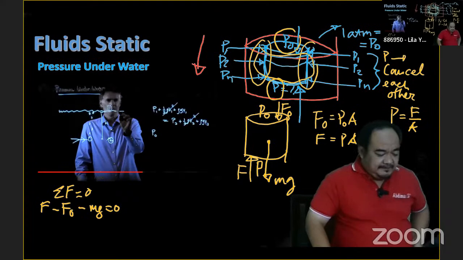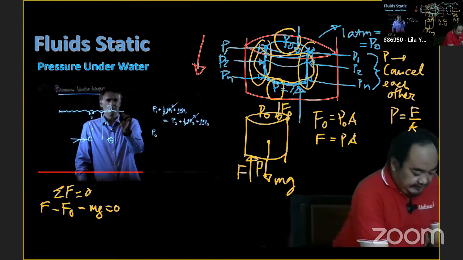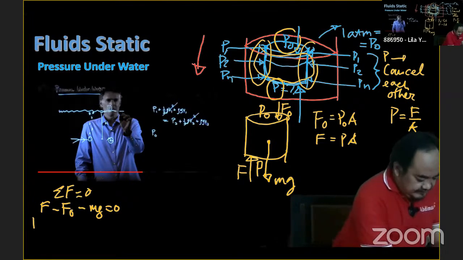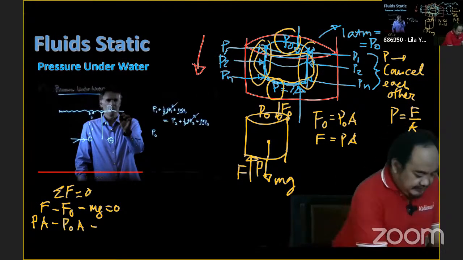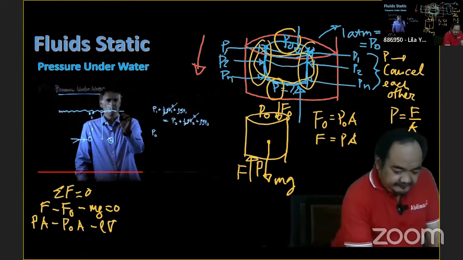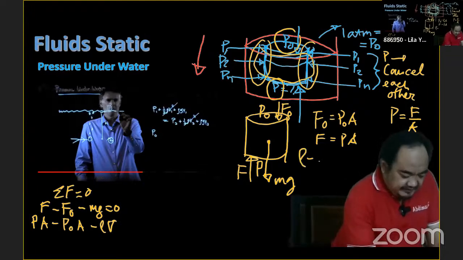We can apply the definition of pressure, because F is P times A, so we have P A minus P naught A, and then we change the variable m to rho times V, where V is volume, because the density of the fluid is defined as rho, rho equals mass over volume.